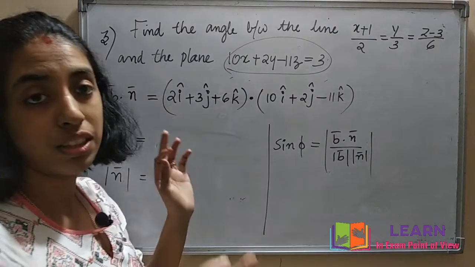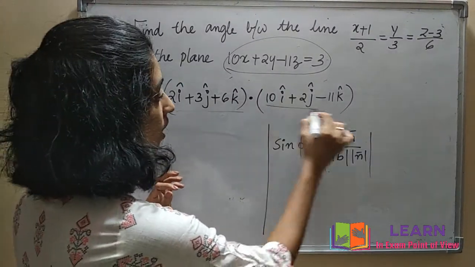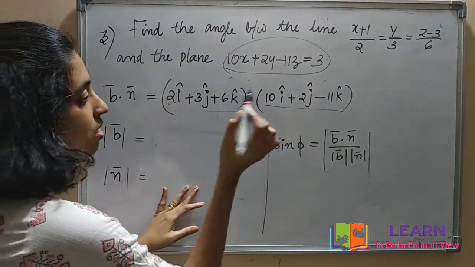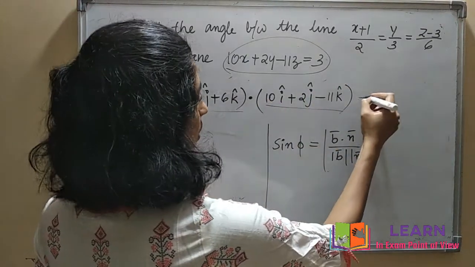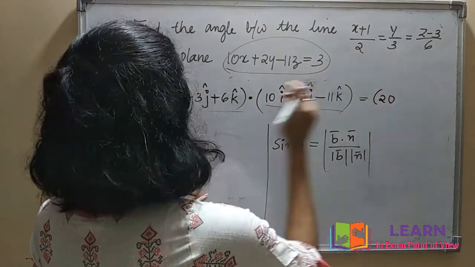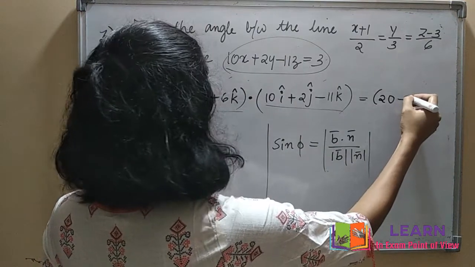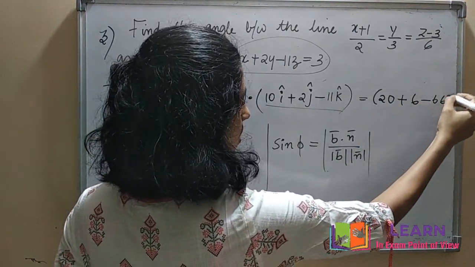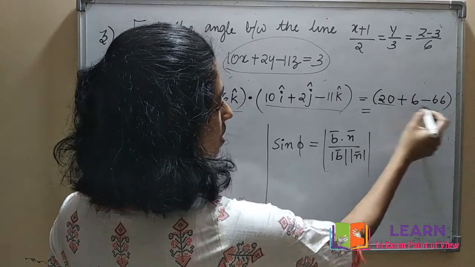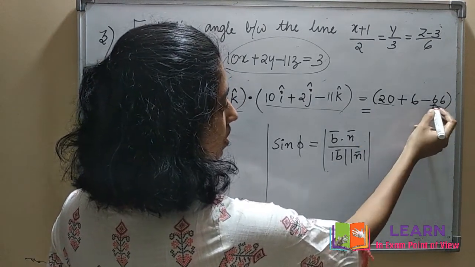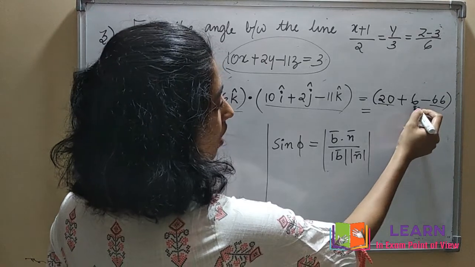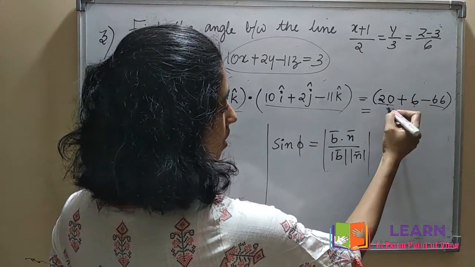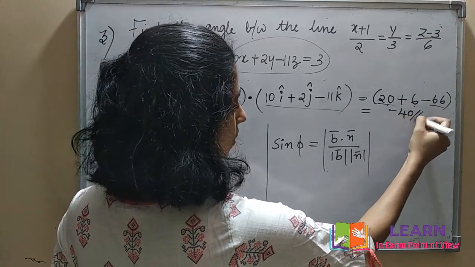So we can find the dot product. b we know, n we know. So finding the dot product, 2 into 10, that is 20. Then 3 into 2, that is plus 6. 6 into minus 11 is minus 66, right? So calculating this, 20 plus 6 is 26, minus 66, that is minus 40 you will get, right?